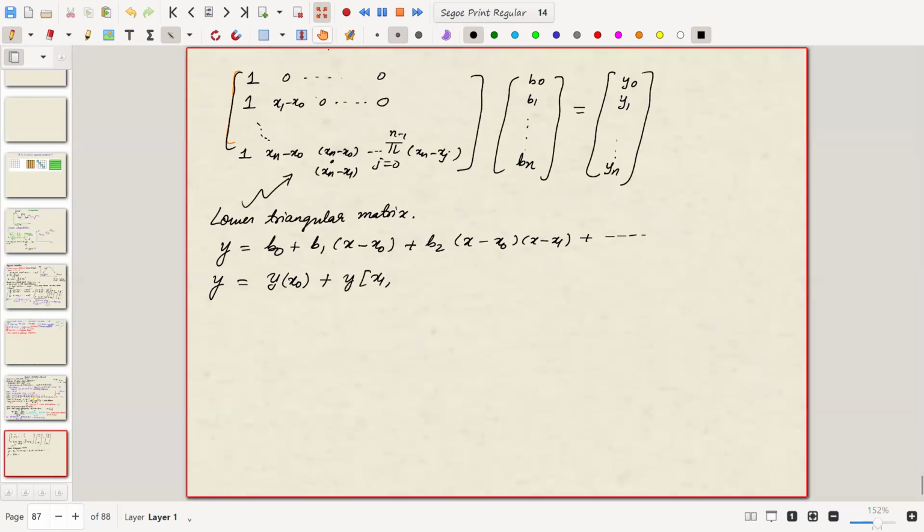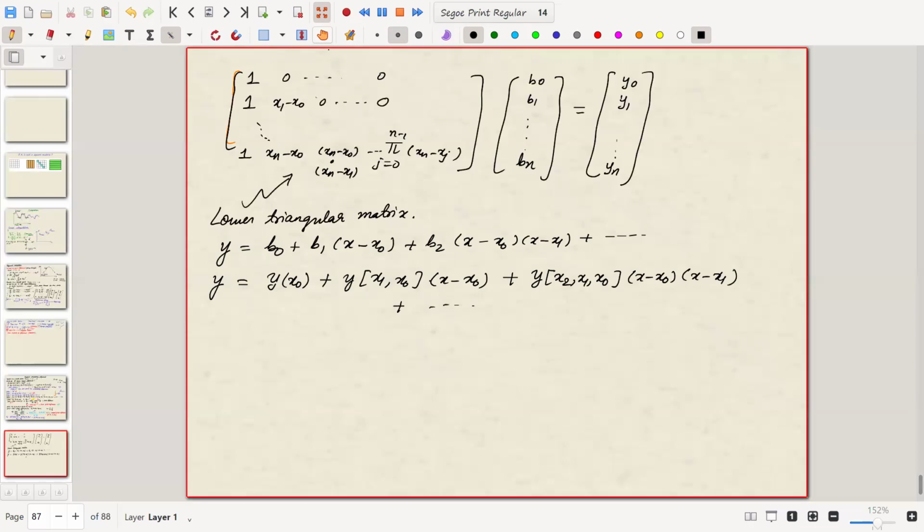Y of x1, x0, is it? Into x minus x0, which is still there, right? Plus what is B2? Yes. Is it correct? Multiplied by? Fine. Then so on. You can carry on.